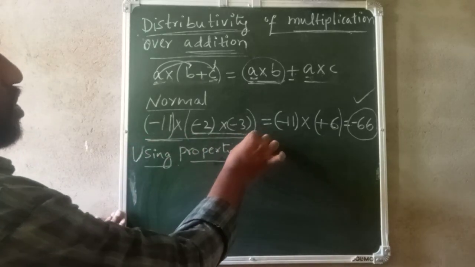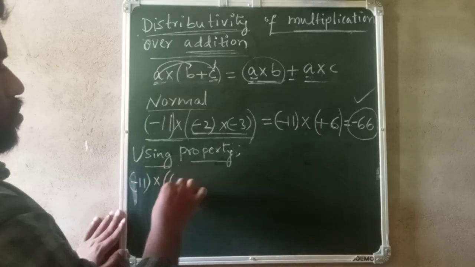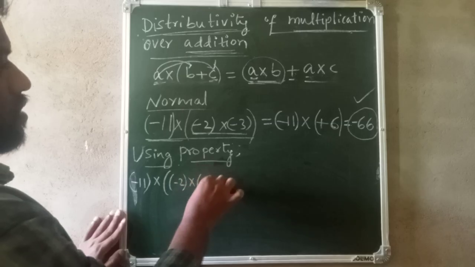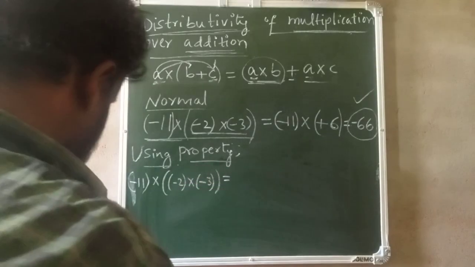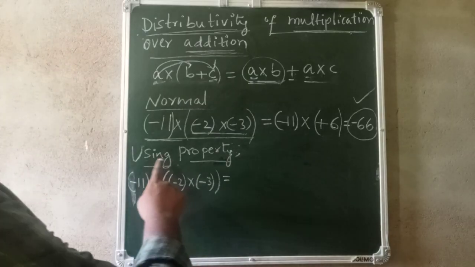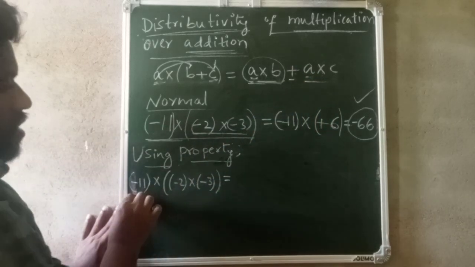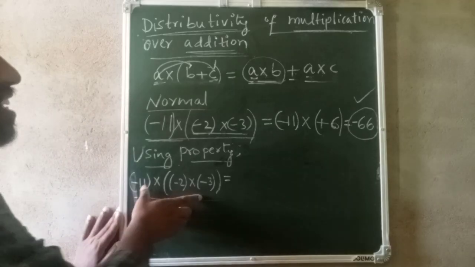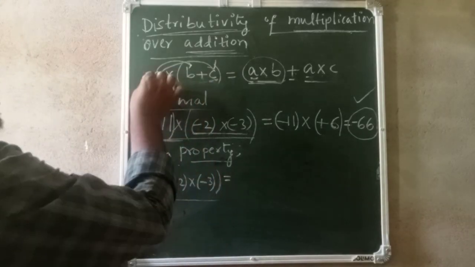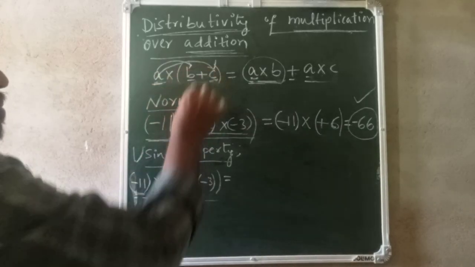First write the given expression as it is: minus 11 into, minus 2 into minus 3 is equal to. Using this property, we are going to simplify this now. You can see this is in the form of this. See, in place of A you have minus 11 into, in place of B we have minus 2.